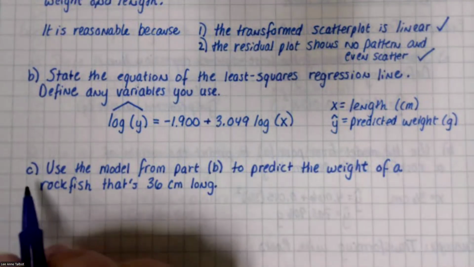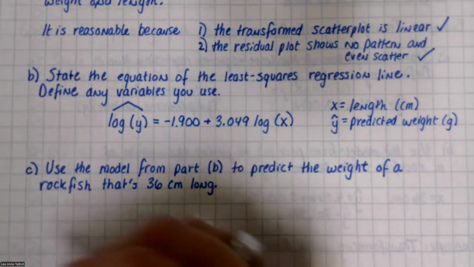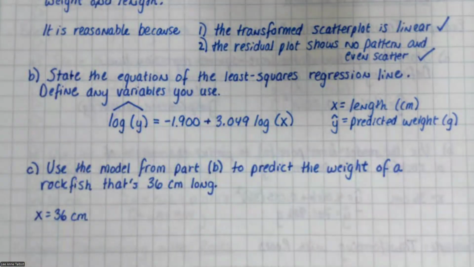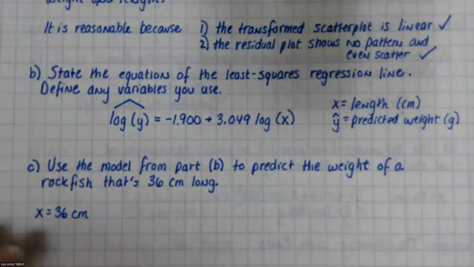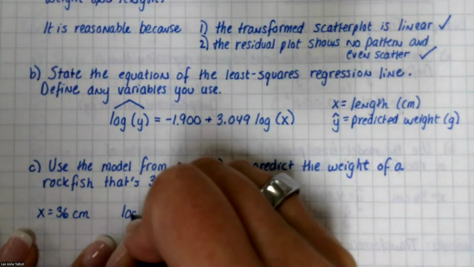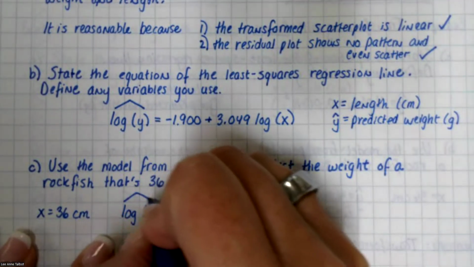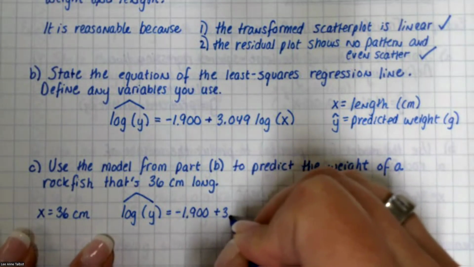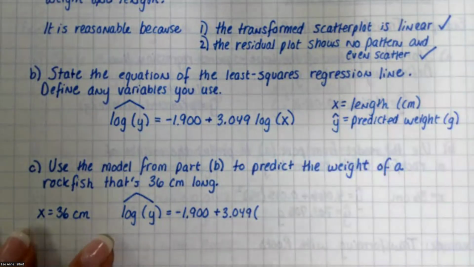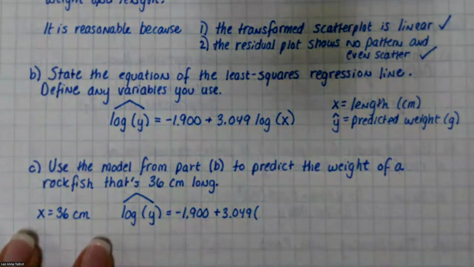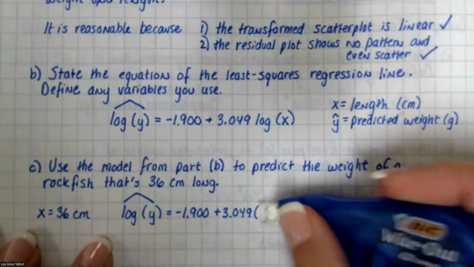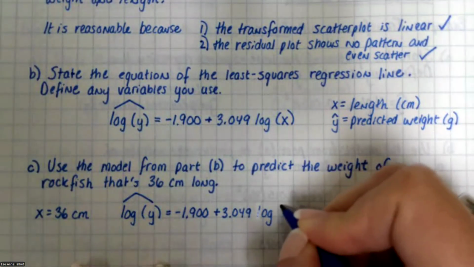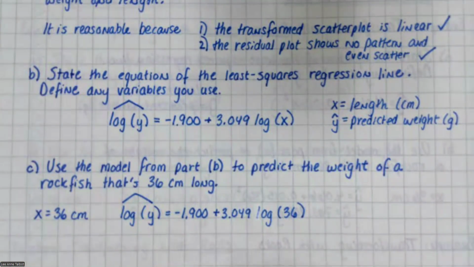Oopsie. Okay. Use the model from part B to predict the weight of a rockfish that's 36 centimeters. So x equals 36 centimeters. Log of y hat equals negative 1.900 plus 3.049, I don't really want a parenthesis there, log 36.